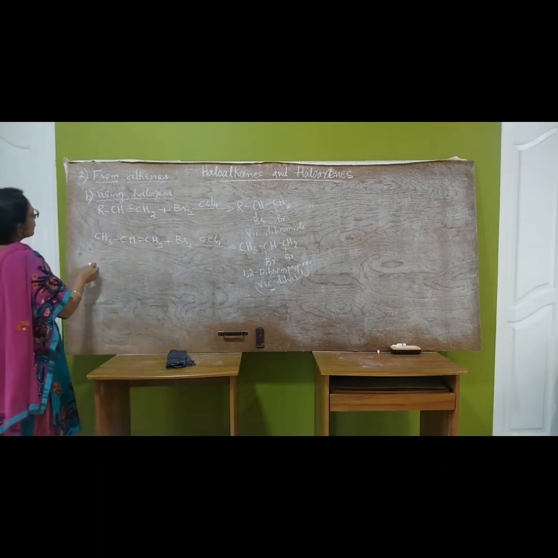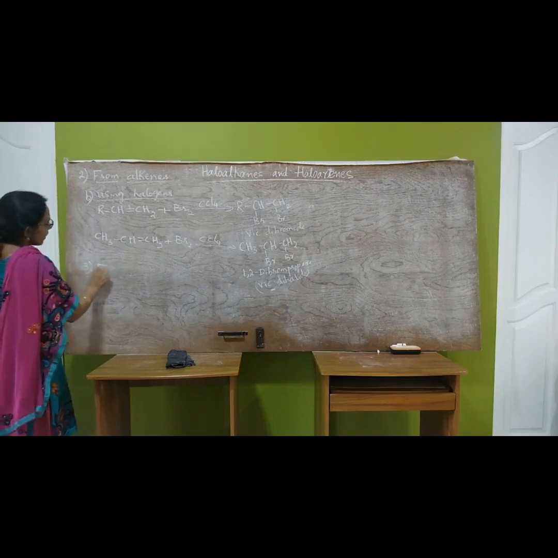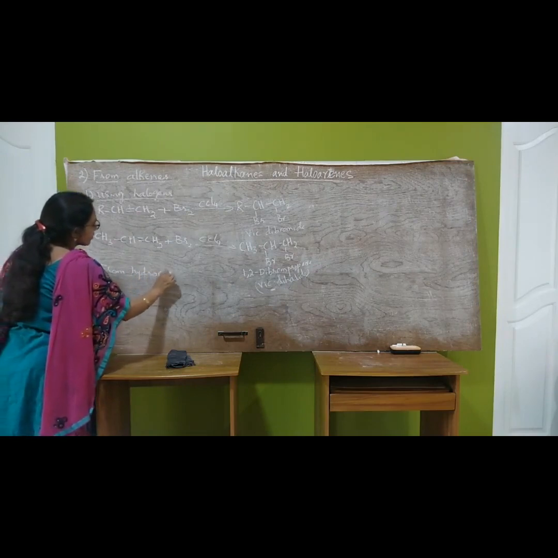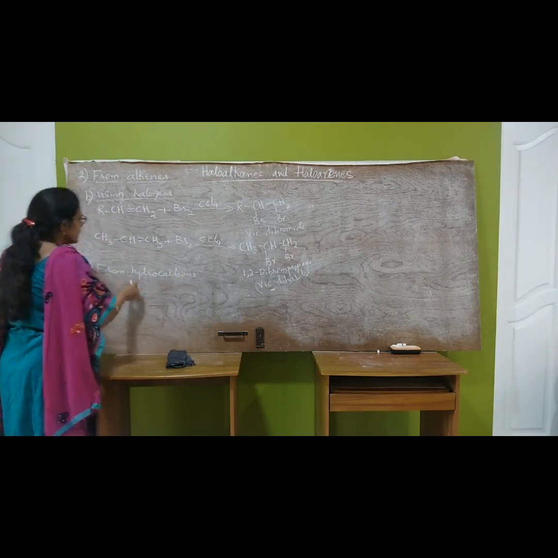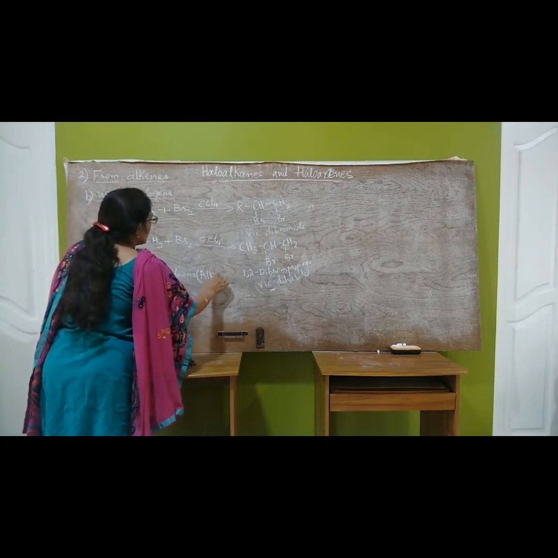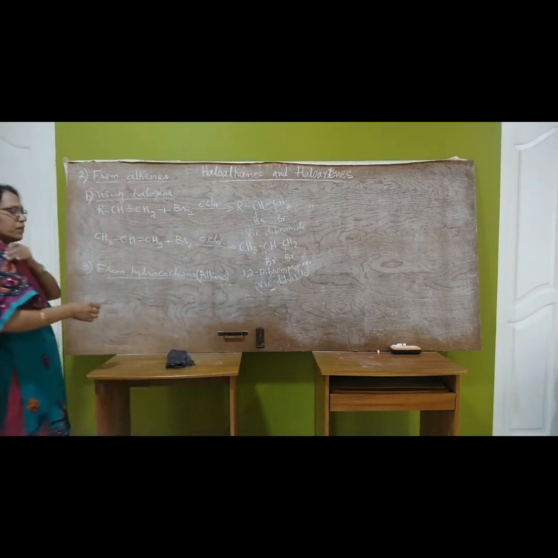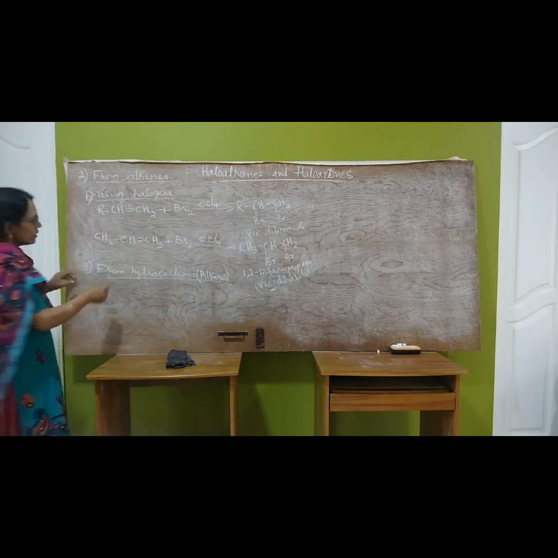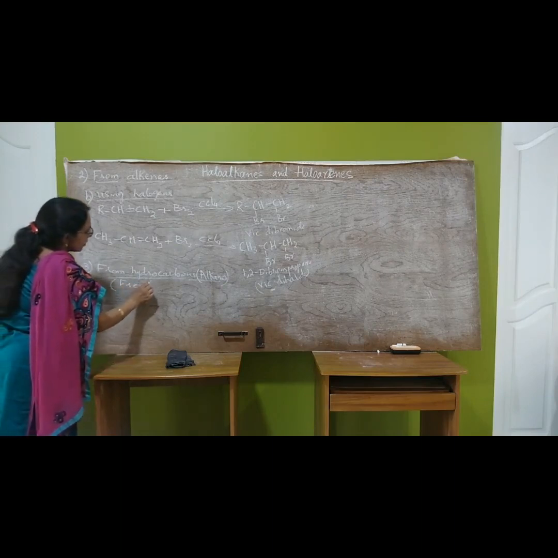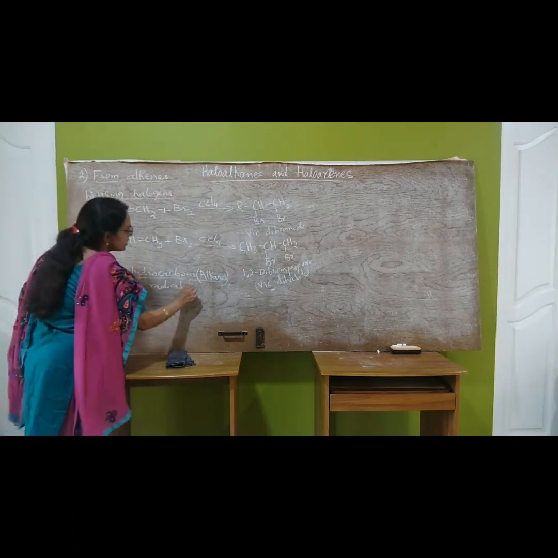The next method of preparation, the third method, is from hydrocarbons, that is from alkanes. This reaction is called free radical halogenation.